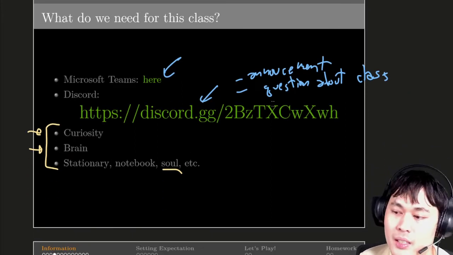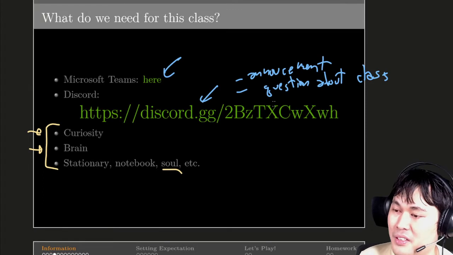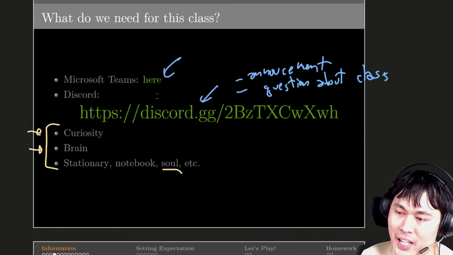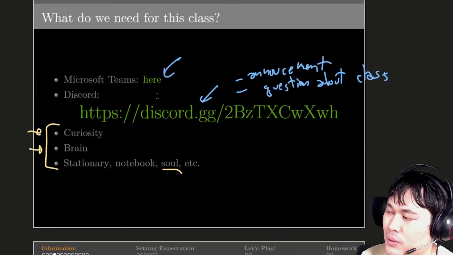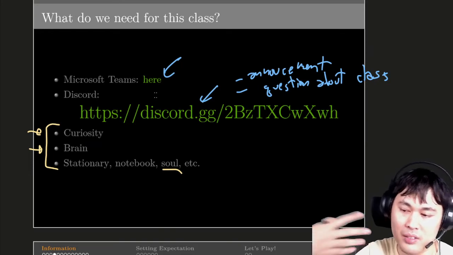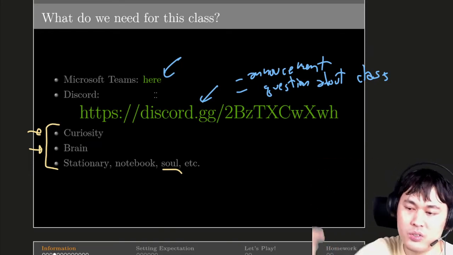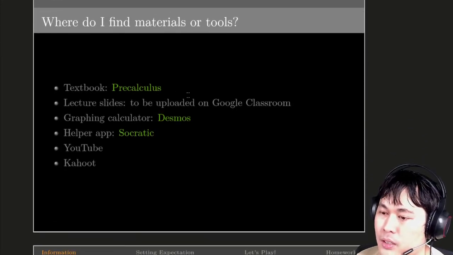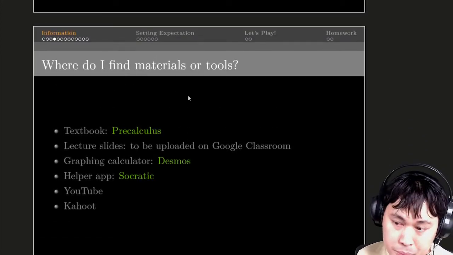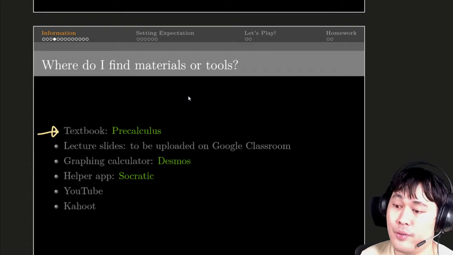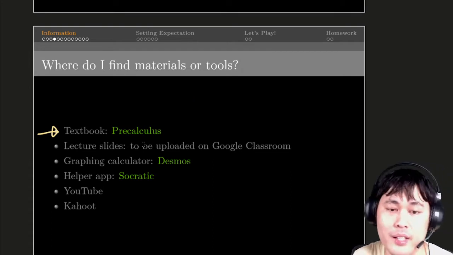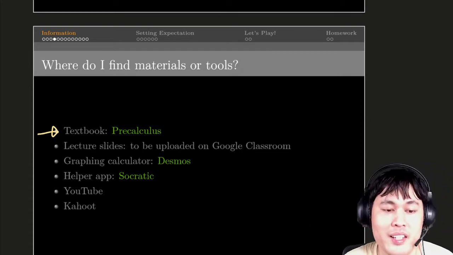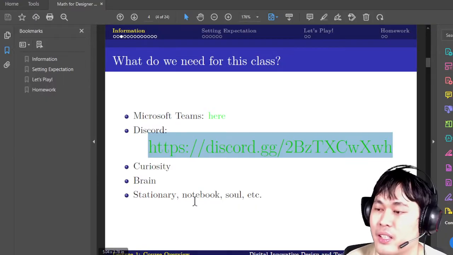The links you need. We also need some other things to use. This is just a way to communicate, to share some information from me to you. You're also going to need some course materials. First, a textbook. We are using this textbook called Pre-Calculus, because that's exactly the topics we are covering in this class.